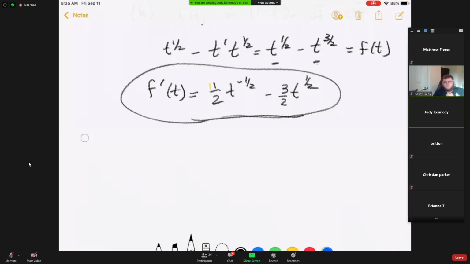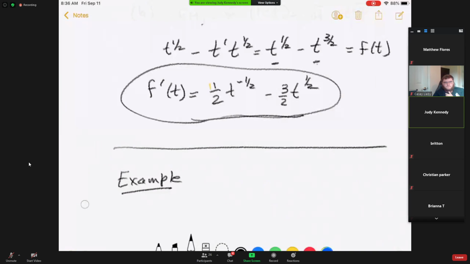Okay, let's do a quotient rule problem. Let's take the derivative. Let's see. x squared plus 1 over x squared plus 2.